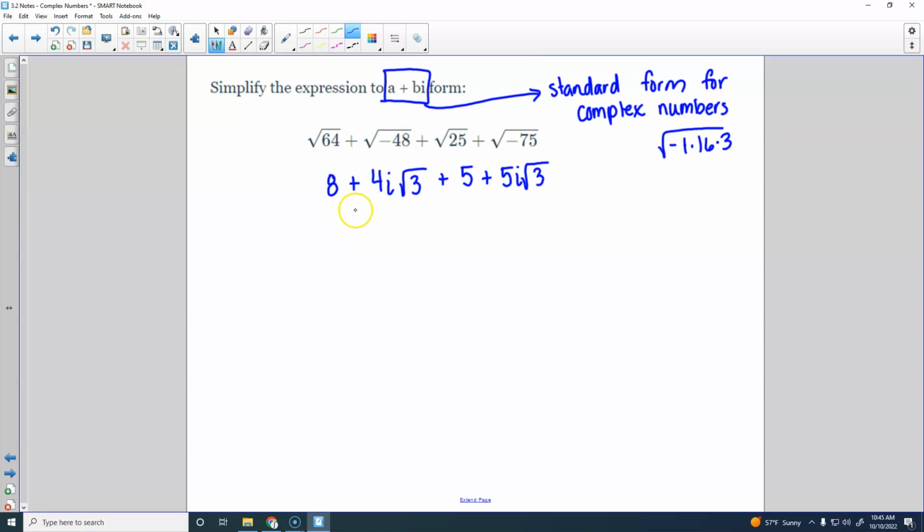So we would have the 8 and the 5. We can put that together. We'll get 13. And we got 4i root 3 and 5i root 3, which is going to give us 9i root 3. Okay. Questions?